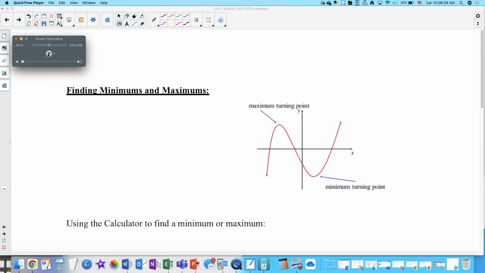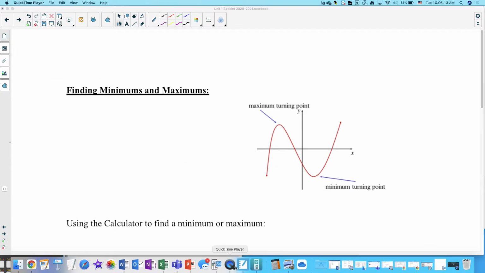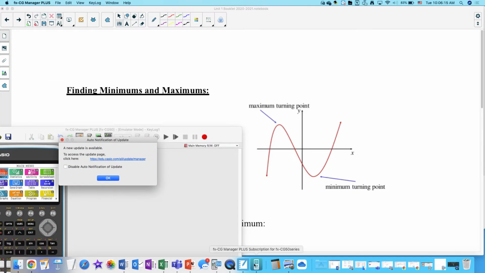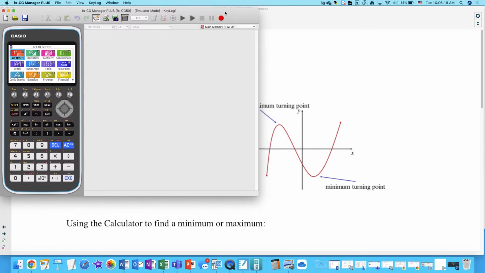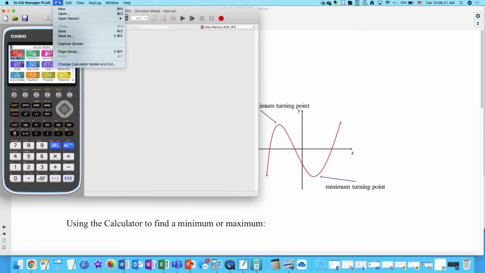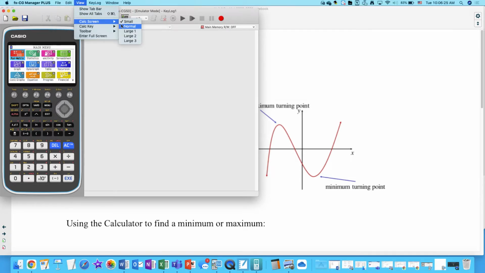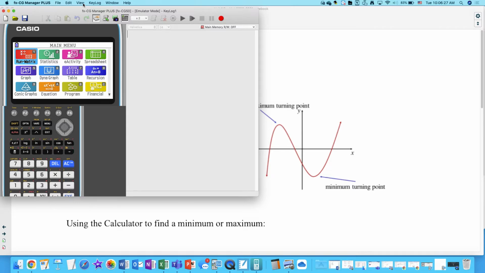Hi. So if you have your calculator with you, please take it out. I have a Casio and I have a TI on here. I just want to make this a little bigger. Okay, so here's the Casio.